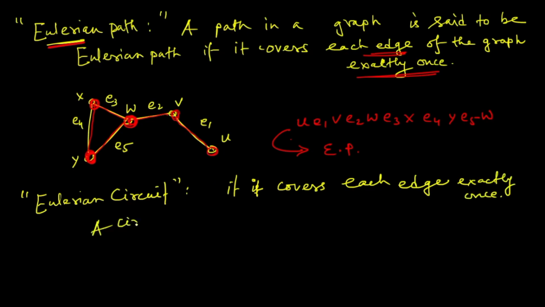A circuit is said to be an Eulerian circuit if it covers each of these edges exactly once. Make sure this is a circuit. Circuit means the starting and ending vertex should be the same.